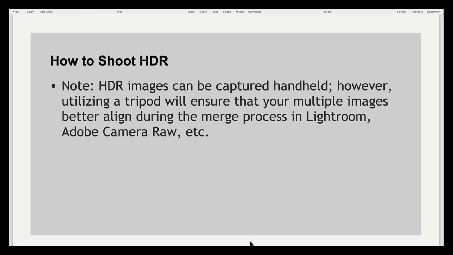When you process your image in Lightroom or Camera Raw or whatever you happen to use, there will be a feature or a box that you check that will basically align your photos. So in theory, I think you can do HDR handheld, but you're going to have a better result if you're on a tripod.